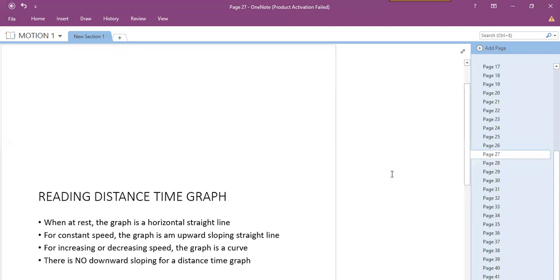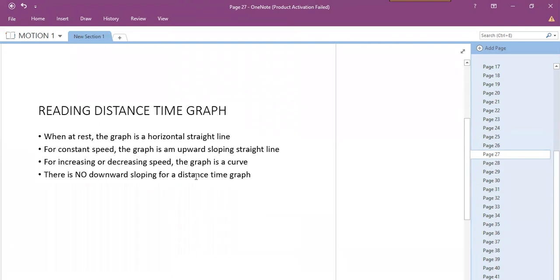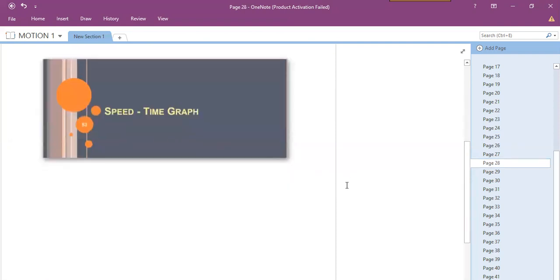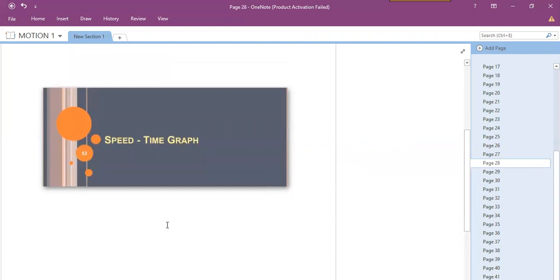So reading the distance time graph, this is what I was explaining here. I've explained everything on this line. All right, so this is where the examiners want you to know the speed time graph.